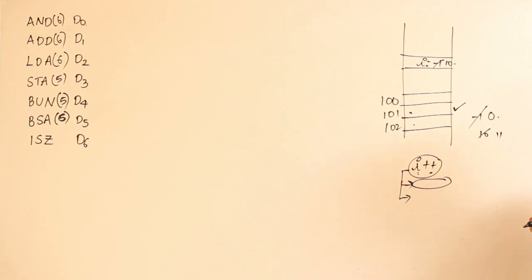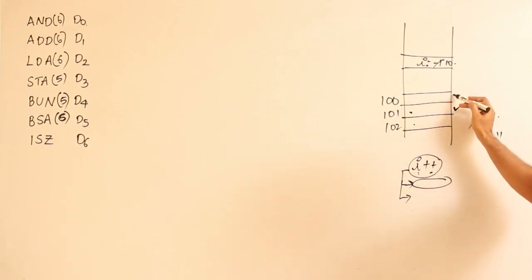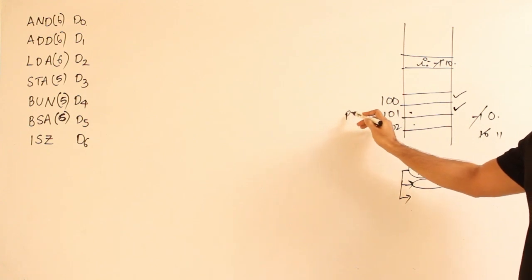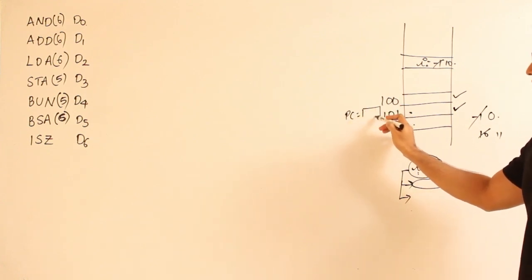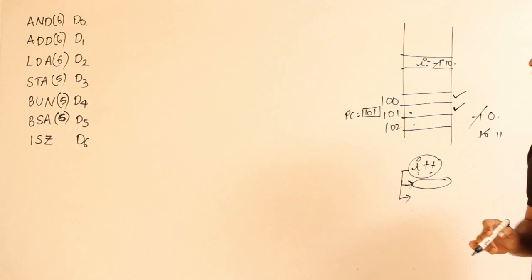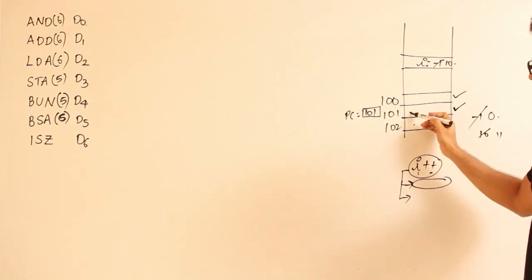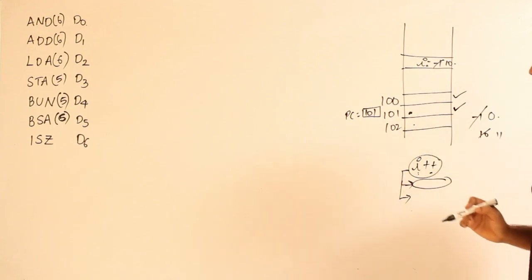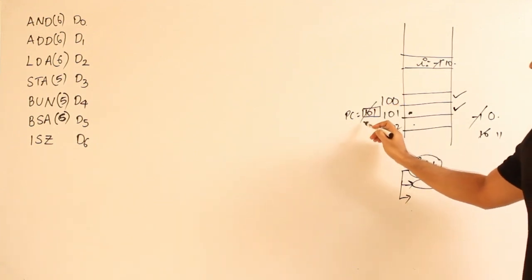Got it? So now how to increment this, how to skip an instruction. When I'm executing instruction 100, the program counter is already incremented once, which means the program counter will contain 101. So if you have to skip one instruction, you need not increment it 2 times. Already it has been incremented once, therefore you increment one more time.